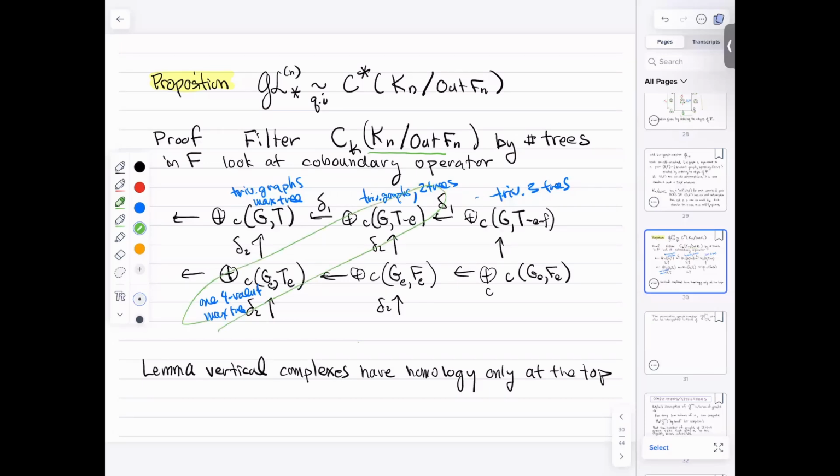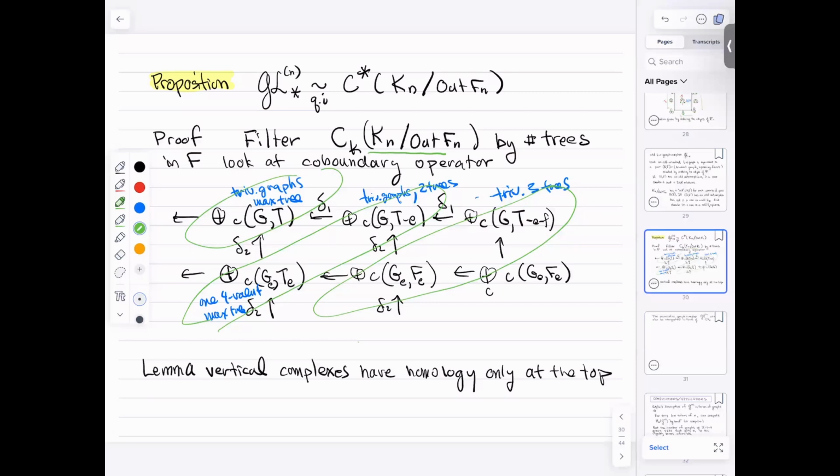So that's C_k, C_{k-1}. This is the chain complex for my whole space up there. That's what it looks like. The diagonal things give me the k cells, the k cubes.